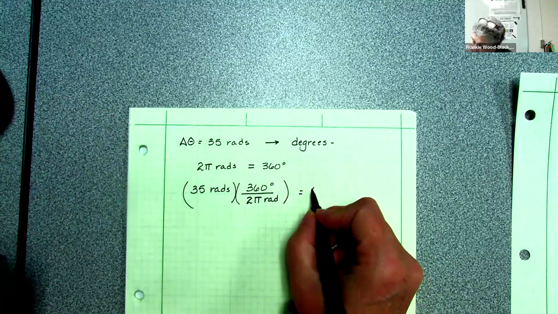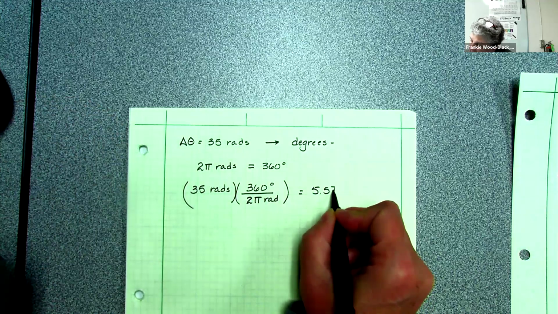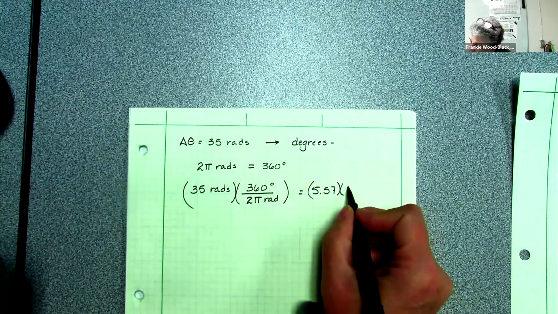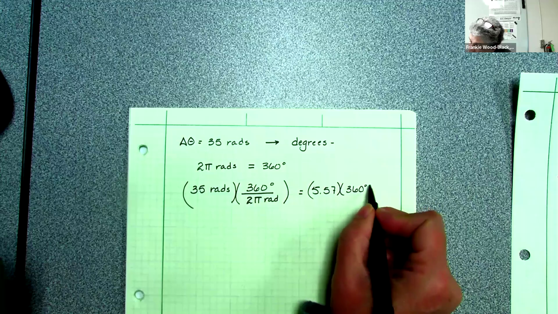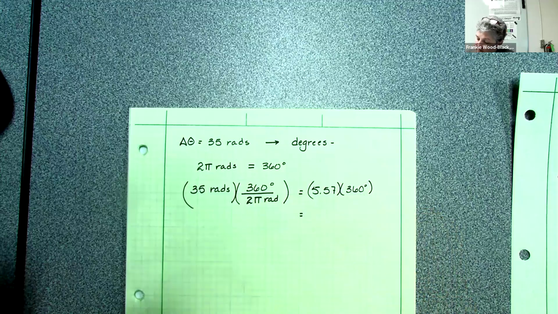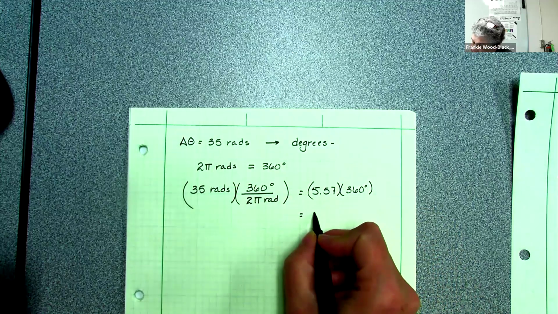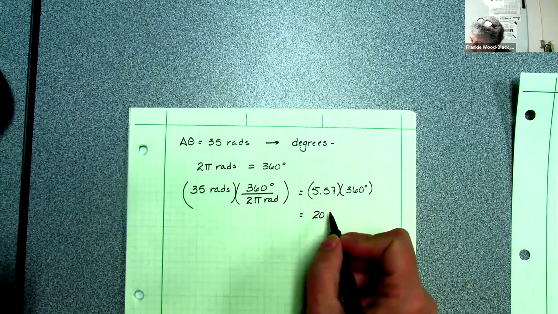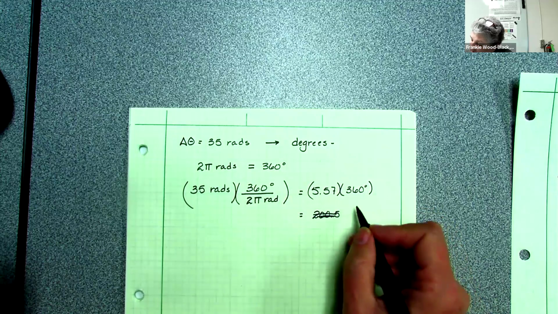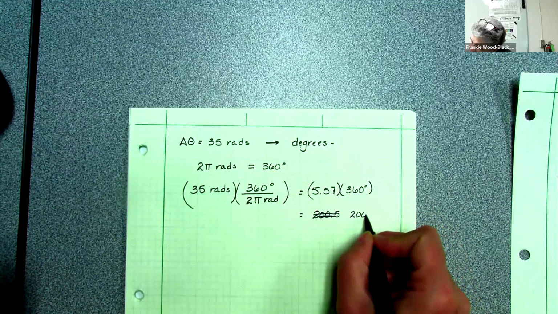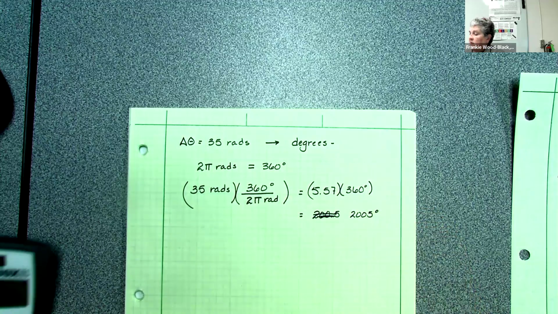I'm going to have 5.57 times 360, and that says 2005 degrees.